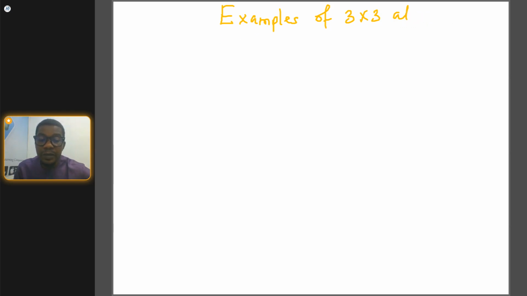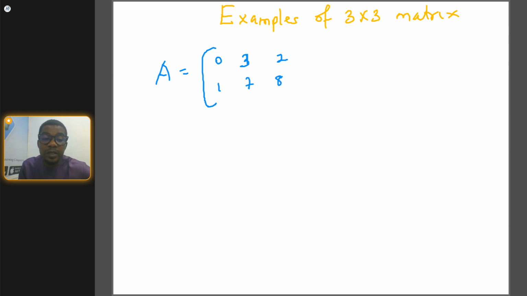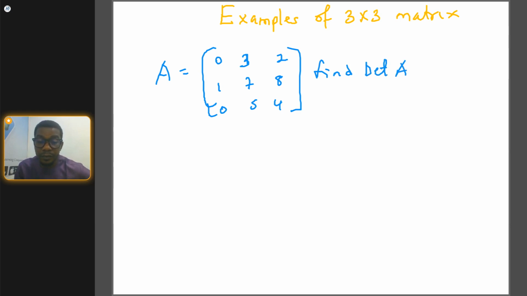We are given that matrix A is equal to 0, 1, 0, 3, 2, 1, 7, 8, 0, 5, 4, and you're asked to find the determinant of A. We need to first give signs to this question by having plus as the first one.